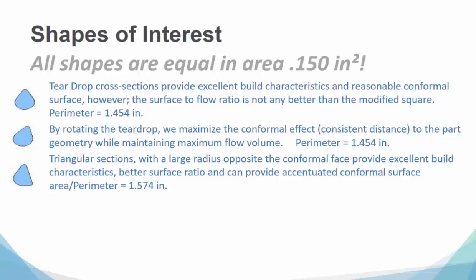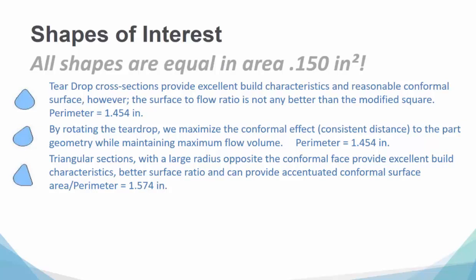So using the teardrop shape, they find that they get good build characteristics. It's one of the best that you can print, and it does a pretty good job when it comes to the conformal surface area. You may not see the big perimeter number like you would in other shapes, but you've got one of the best printable shapes. Now you can help yourself greatly by taking that teardrop shape and rotating it so one of the flat sides of it is parallel to the outer mold wall.